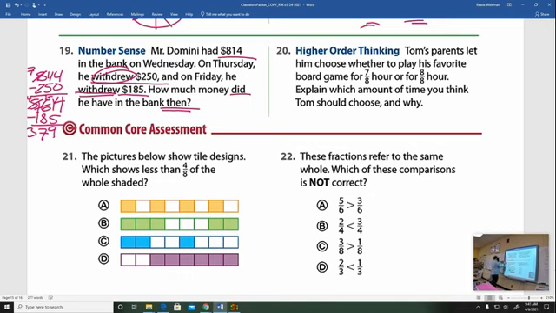So our answer then is, and I'd rather have you guys write, Mr. Domini had $379 in the bank. Does that make sense?